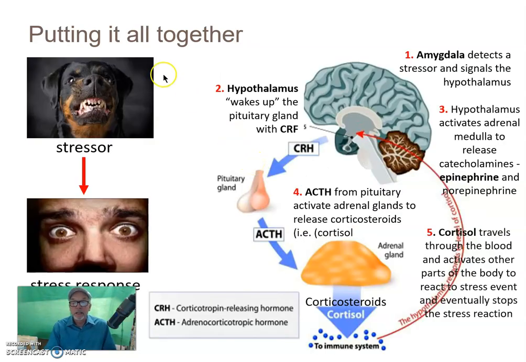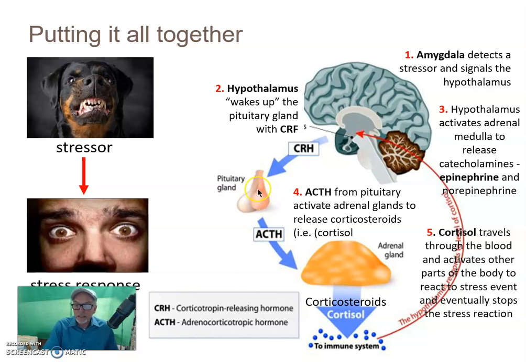So when you put it all together, a stressor is perceived, and the body starts to react. The amygdala that detected the stressor, that there's danger or threat involved, signals the hypothalamus. The hypothalamus essentially wakes up the pituitary gland by releasing corticotropin-releasing hormone, or CRH, sometimes corticotropin-releasing factor. And that stimulates the pituitary gland to release a hormone called adrenocorticotropic hormone.